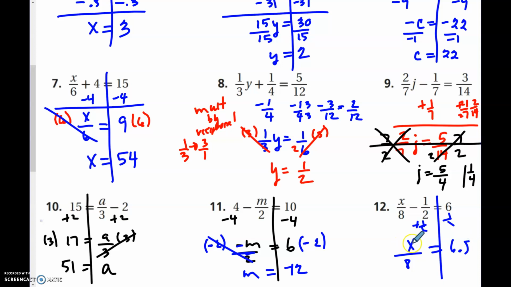And now this says x divided by 8. Well, the opposite of dividing by 8 is multiplying by 8. So I'm going to actually grab my calculator here and do 6.5 times 8. And I get here, this cancels, and I have x equals 52.